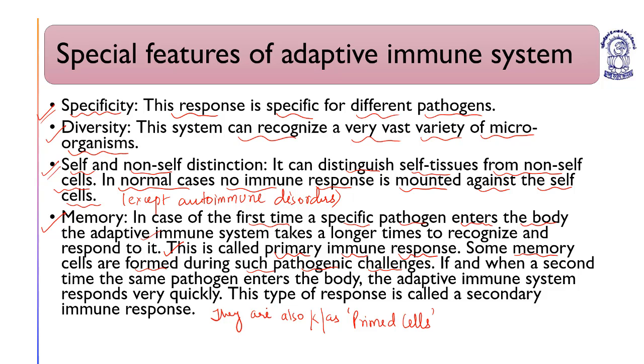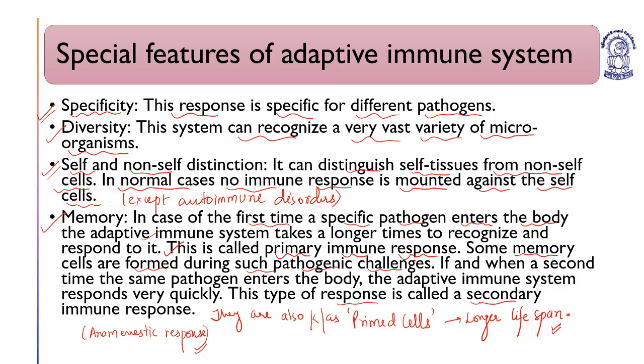When a second time the same pathogen enters the body, the adaptive immune system responds very quickly. This type of response is called secondary immune response or anamnestic response. Understood? So B cells actually differentiate to form memory cells, known as primed cells, having a longer lifespan.